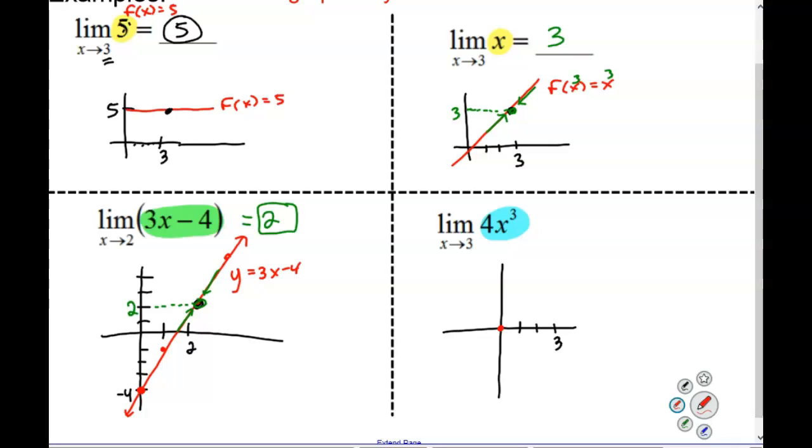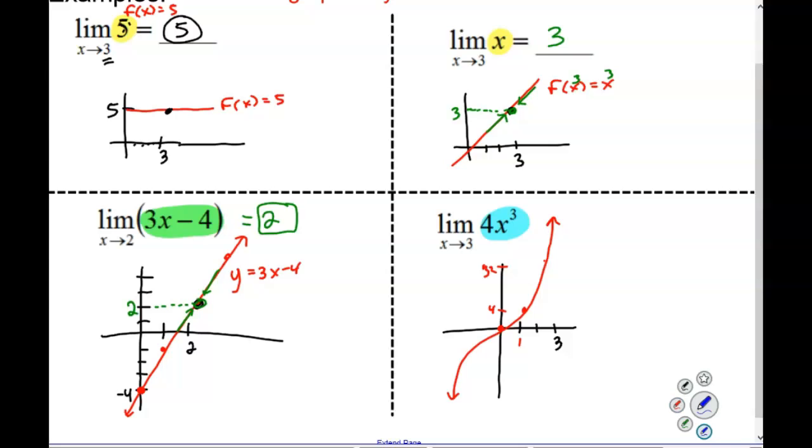If I have 1 in here, 1 to the third power times 4 is 4. So I'd be up here at 4. But then when I do 2, 2 to the third power is 8. 8 times 4 is 32. So I'd be way up here. And you might know something about this graph already. This is the graph of a cubic function.